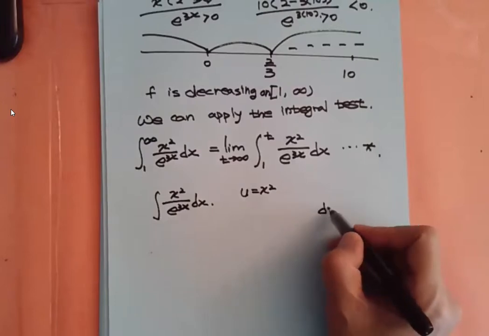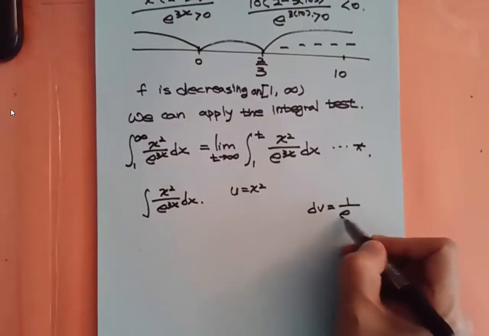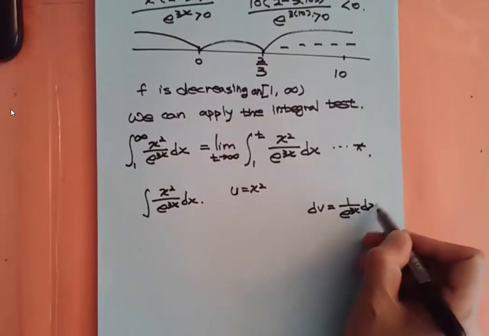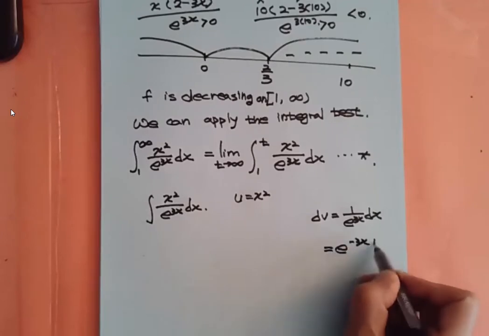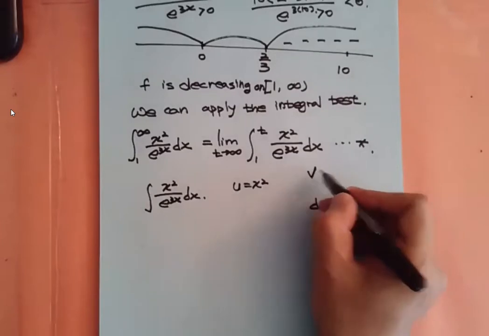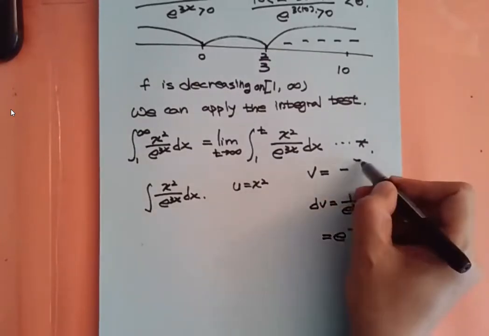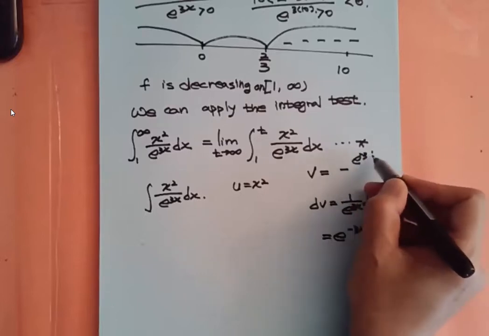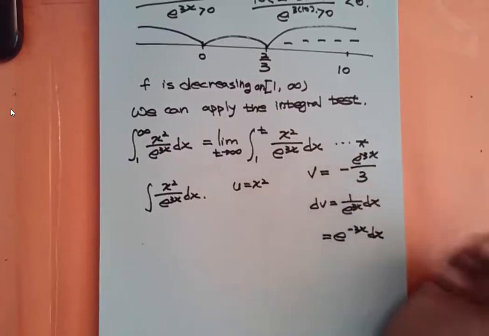And dv equals 1 over e to the 3x dx. So that becomes e to the minus 3x dx. And so the integral of that will be minus e to the minus 3x over 3, right?